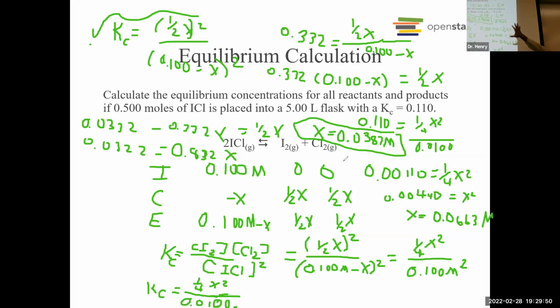Our answer is this. Because when we did it the first time and we made the assumption, we got 0.0663. If you divide this by our initial concentration, 0.0663 by 0.1 and multiply by 100, that's a percentage, right?